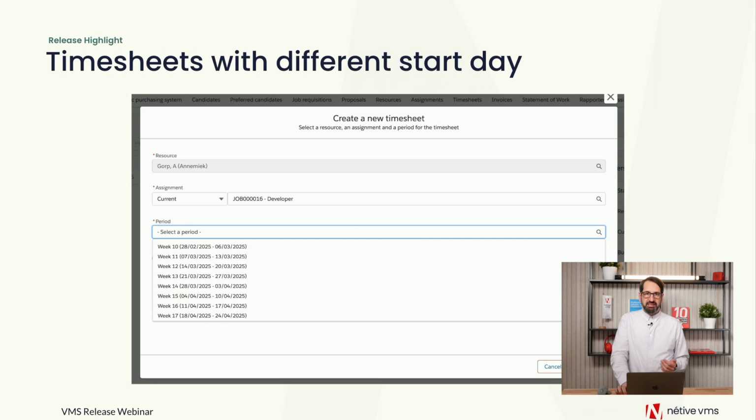And then for this assignment, when we want to create a new timesheet, we will see that it looks exactly the same as it did before, but the date ranges are now different. So the week 11 timesheet starts on the 7th of March, and the 7th of March is in fact a Friday. So this works exactly the same as you would expect, but the date range is adjusted to it.